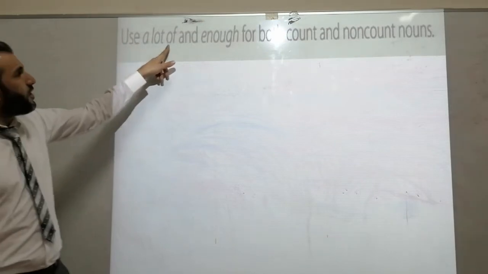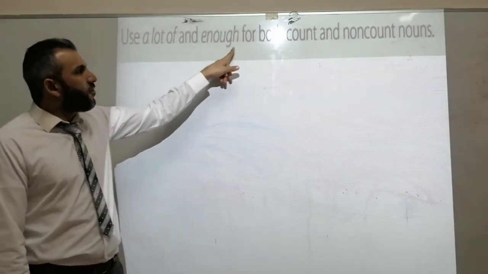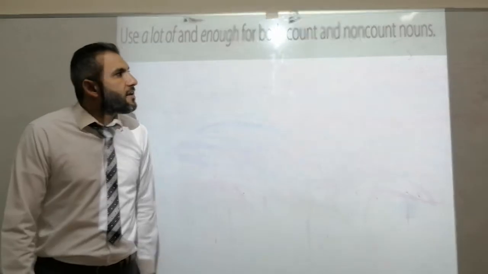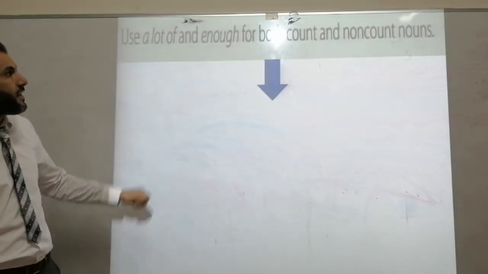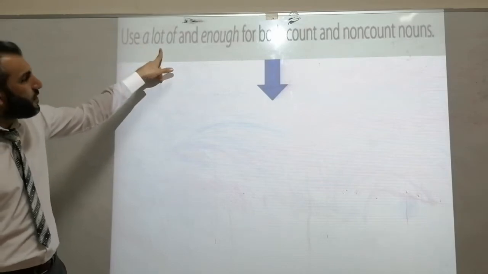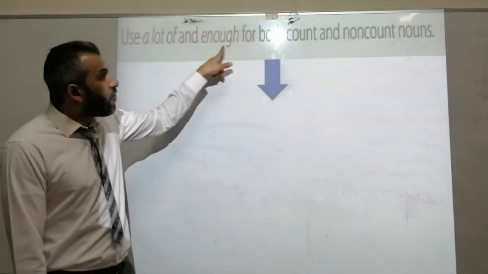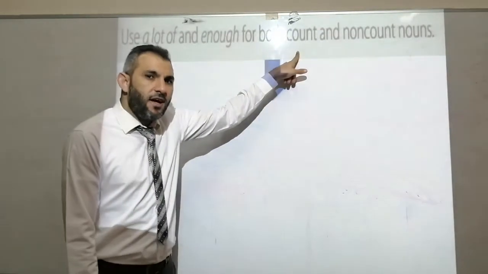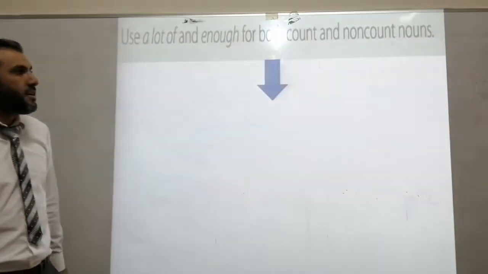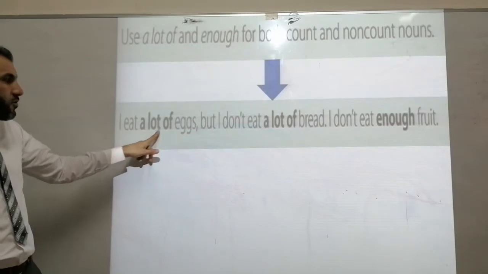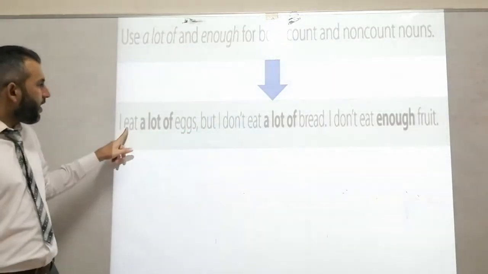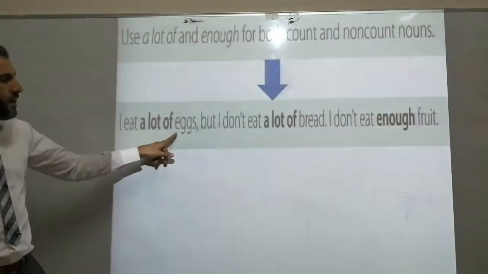Now let's move to a lot of and enough, which we can use for both count and non-count nouns. For example, I eat a lot of eggs.